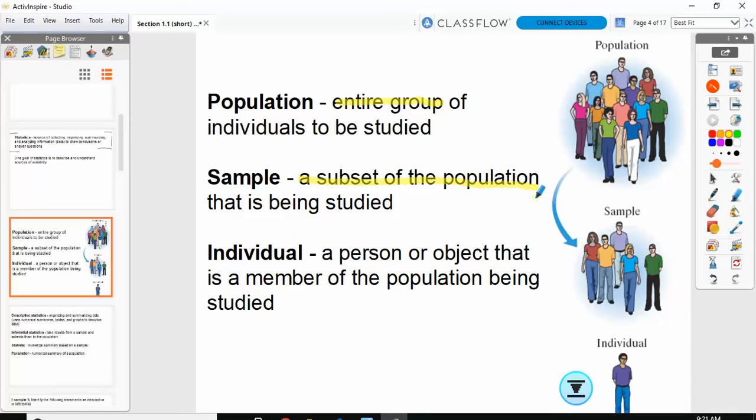And then an individual, that's what we already mentioned on that one handout we were looking at. It's just a single person. So the population is the whole. If I take a group out of that, that's a sample. And if I just ask Eli, he is an individual.